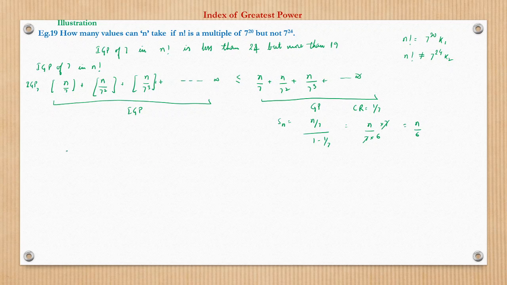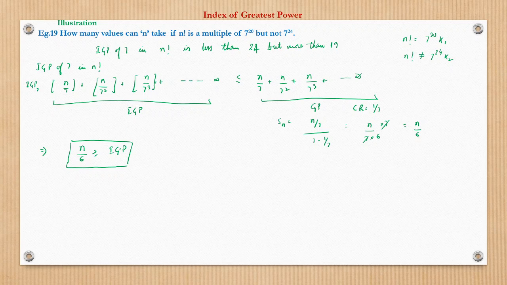So from here we can say that n by 6 greater than equal to IGP. In case of IGP of 5, that is trailing 0 in factorials, we had got this term as n by 4 greater than equal to IGP. Here in case of 7, it is nothing but n by 6 greater than equal to IGP.